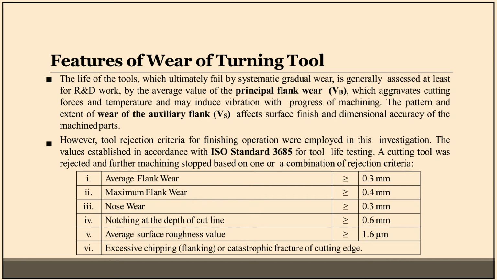Third one, nose wear greater than or equal to 0.3 mm. Fourth one, notching at the depth of cut line greater than or equal to 0.6 mm. Fifth one, average surface roughness value greater than or equal to 1.6 micrometer. And sixth, the last one, is excessive chipping, flaking, or catastrophic fracture of the cutting edge.